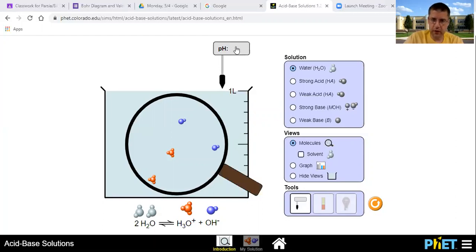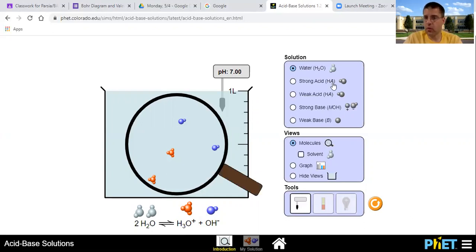I'm going to stick this pH meter in here, and it's going to be 7. Now I'm going to click on strong acid. This is where we know about dissolving. Remember we talked about ionic compounds dissociating. For strong acids, you see where it says HA? H means hydrogen, A means something like Cl, the anion.